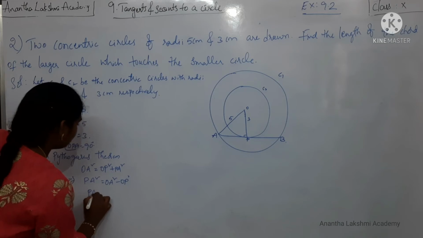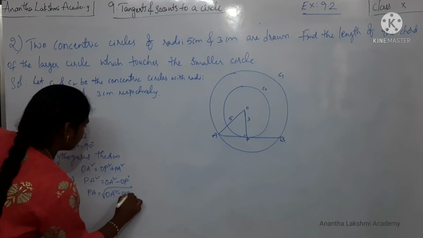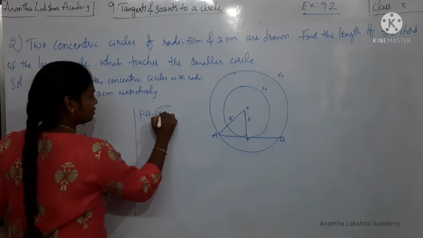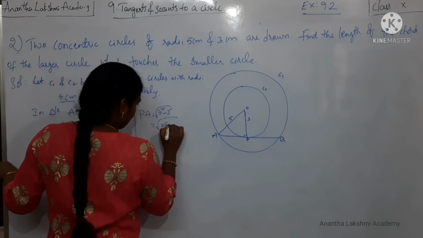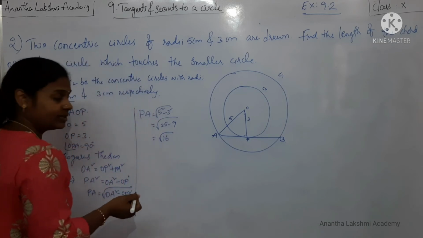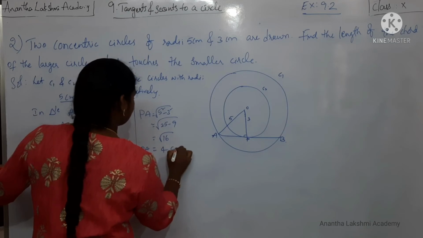PA is under root of OA square minus OP square. PA is equal to under root of 5 square minus 3 square. 25 minus 9 is 16. Isn't it? So this is nothing but 4. PA is equal to 4 centimeters.